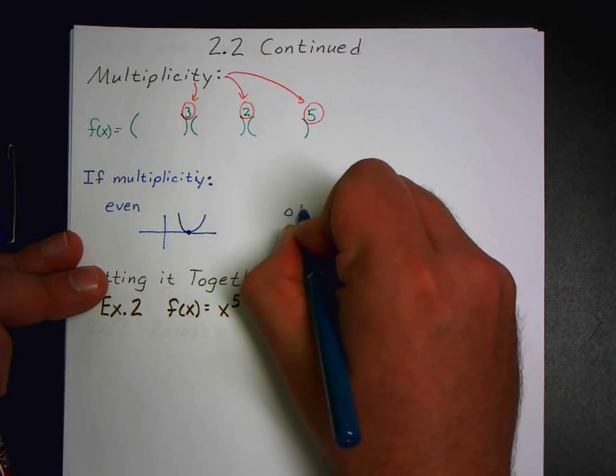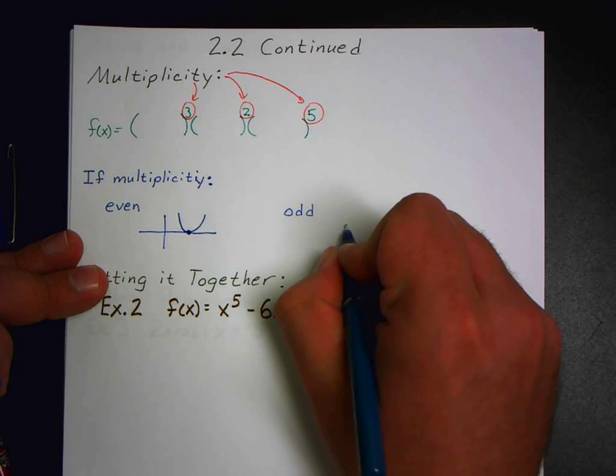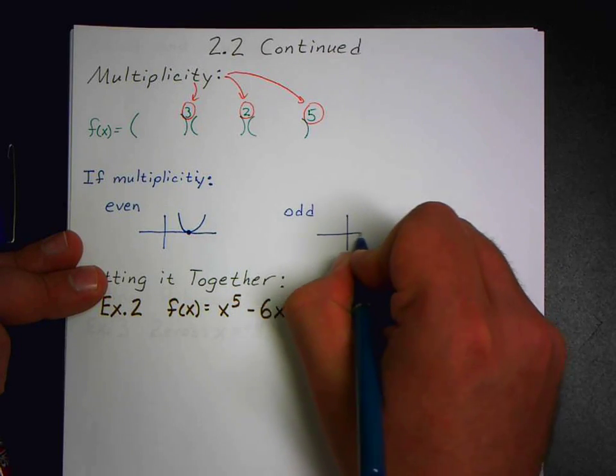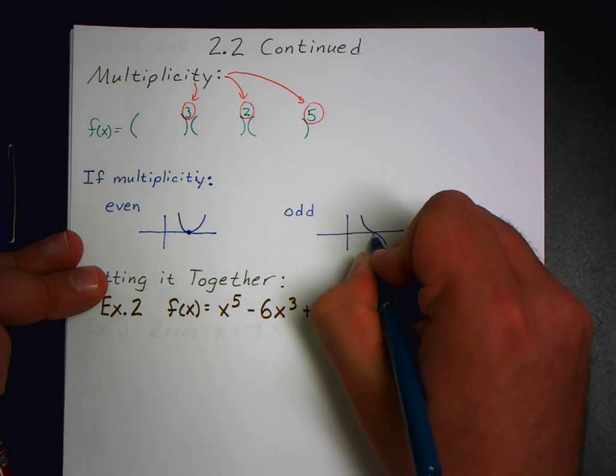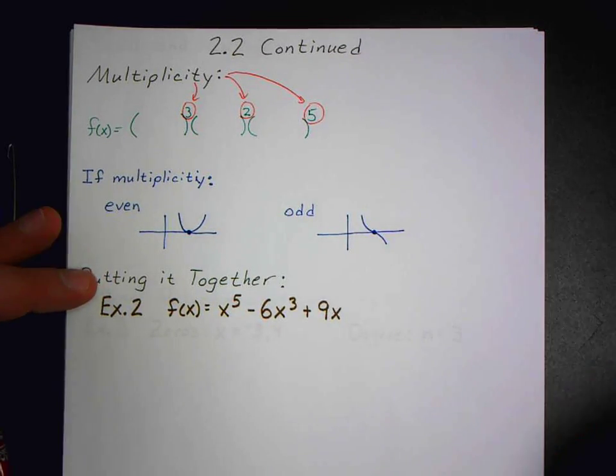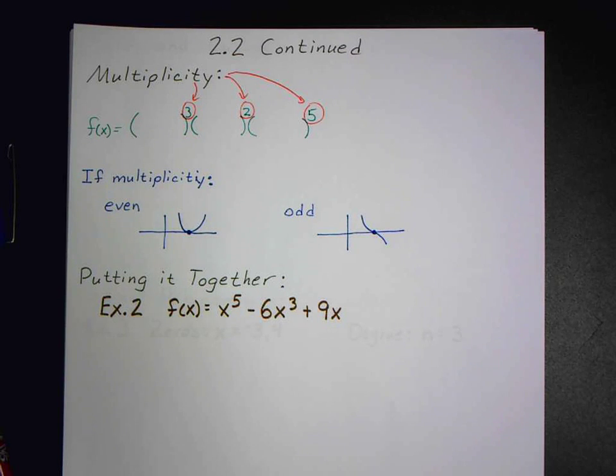If your multiplicity is odd, then you're going to go through the axis. Okay, does that make sense?